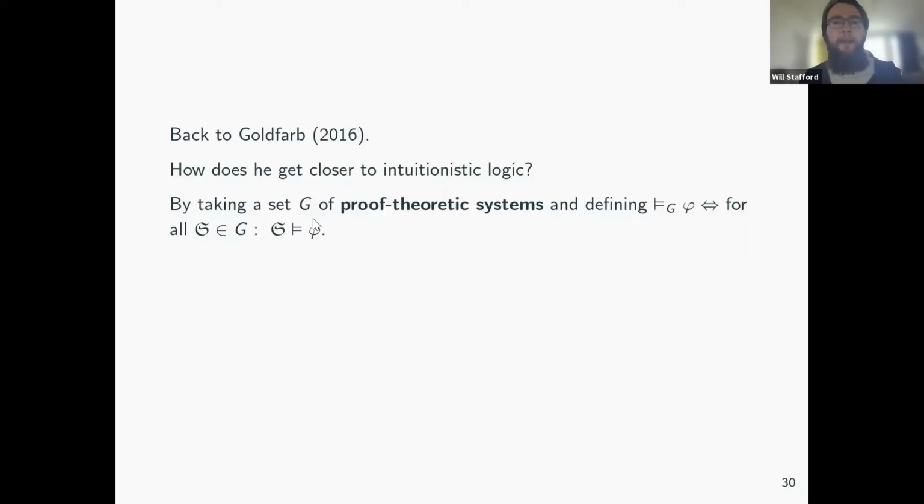He does it by taking a set G of proof-theoretic systems and then defining proof-theoretic validity relative to that set of proof-theoretic systems. So rather than asking what's valid on a proof-theoretic system and then looking at each of the atomic rule sets, he looks at what's valid on every single one of the proof-theoretic systems. And this is going to kick out super intuitionistic inferences, but not all of them, because you still need to take substitution closure.